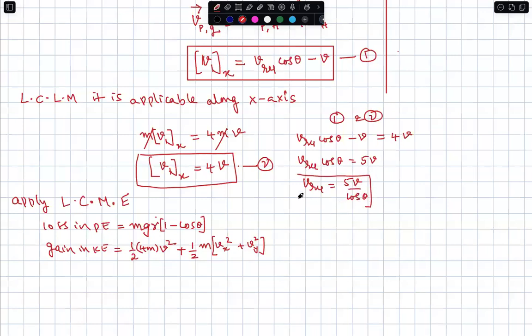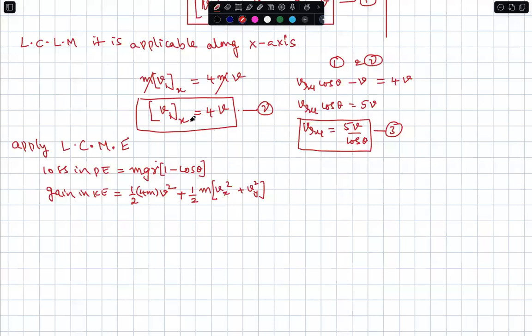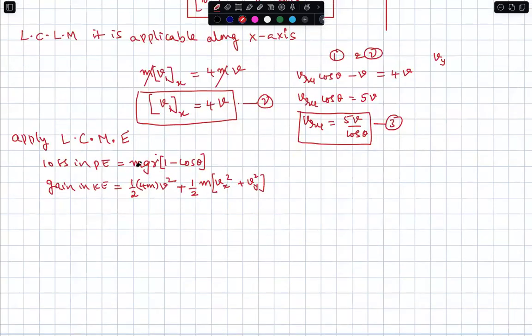Just remember this. This is equation 3. By the way, I have a clear idea about V1x. What about Vy? Vy is nothing but this component, which is obviously V relative sin theta.